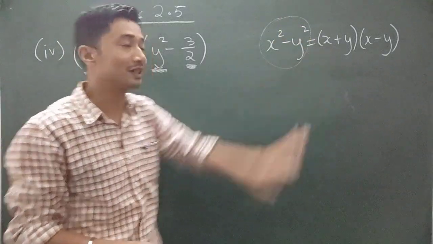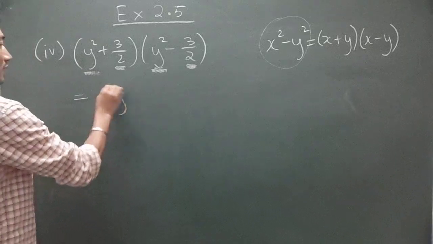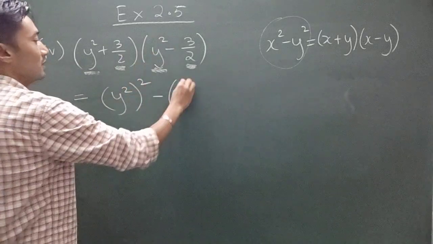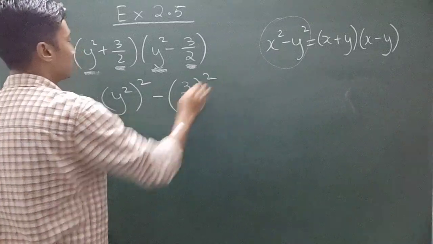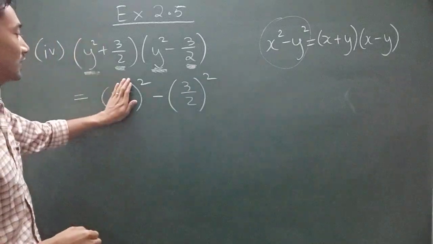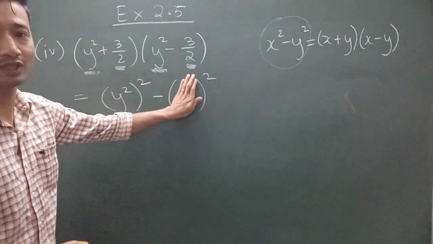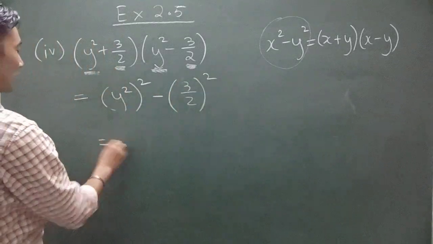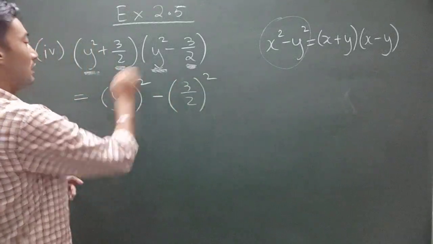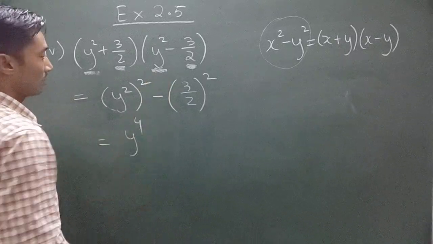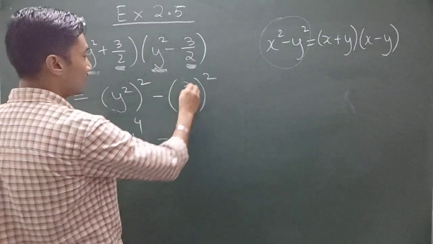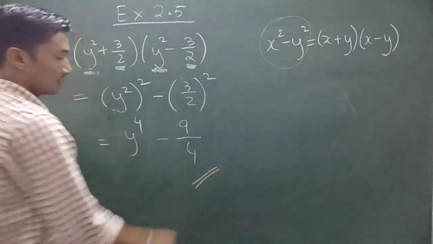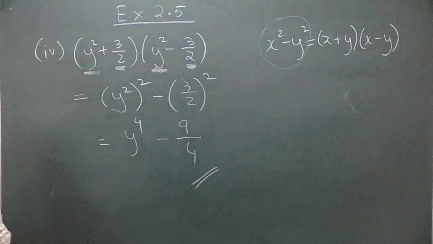So it will be y square, whole square, minus the other term, 3 by 2 square. So it's x square minus y square. Now y square square is going to be y to the power 4, because 2 twos are 4, minus 3 square is 9, 2 square is 4. So it's y to the power 4 minus 9 by 4.